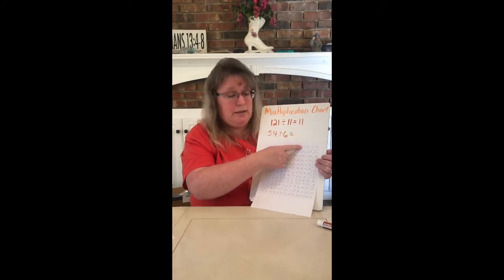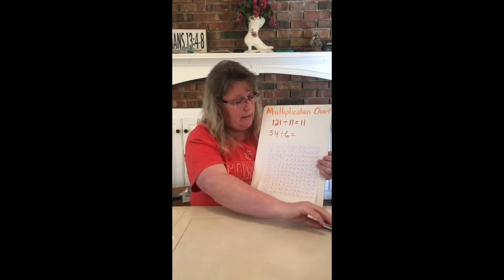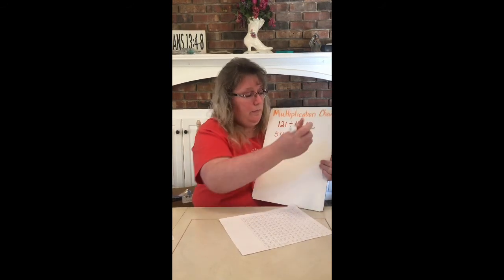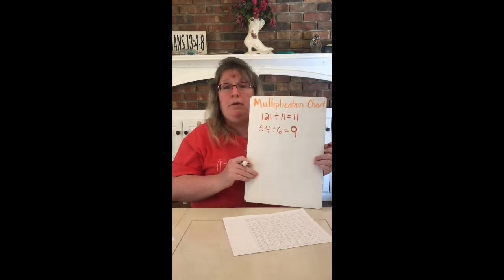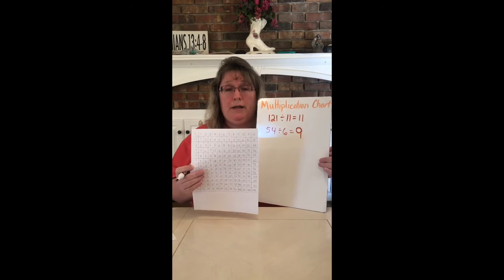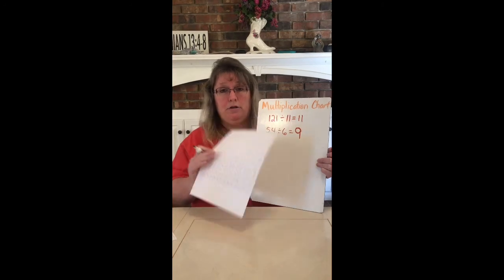What is it under? It's under the 9 column, so 54 divided by 6 equals 9. So remember, make your multiplication chart. It's going to help you with your multiplication facts, but it's also going to help you with your division. So you can always use your multiplication chart to help you.